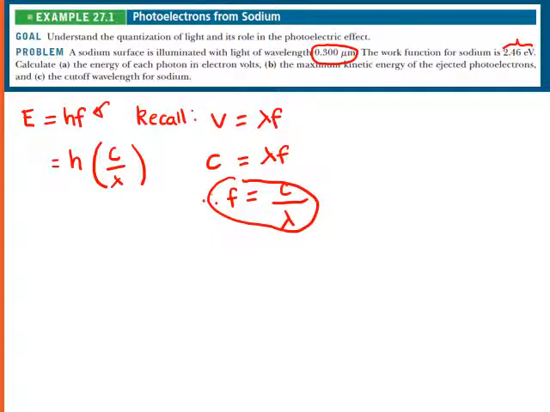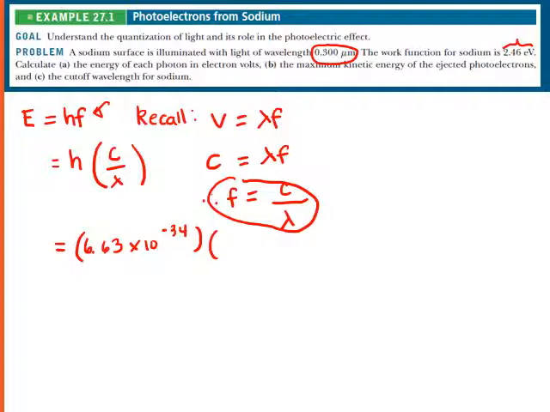Now let's substitute our values. Our h, Planck's constant, is equal to 6.63 times 10 to the power of negative 34 joule seconds. Let's no longer write the units to make the solution simpler.